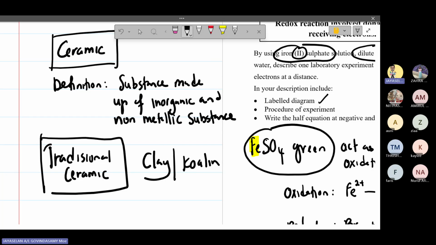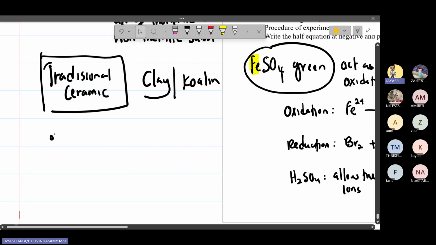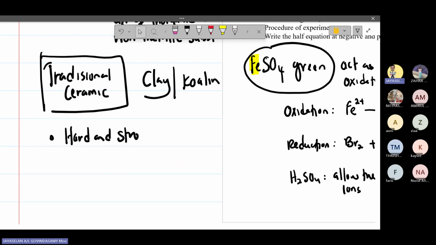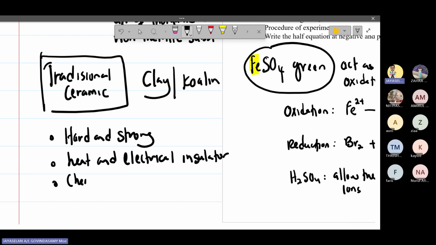Okay. What are the properties of traditional ceramic? You put hard and strong. One more: heat and electrical insulator. Then next one, you put chemically inert.